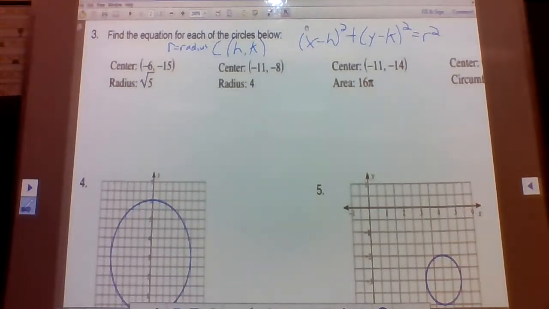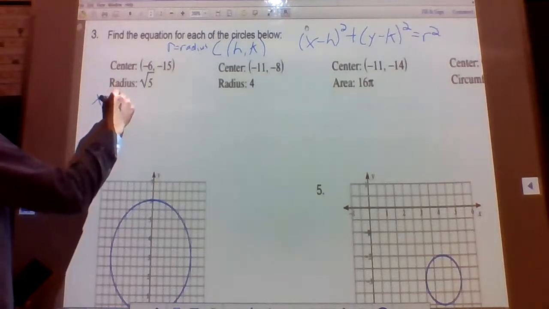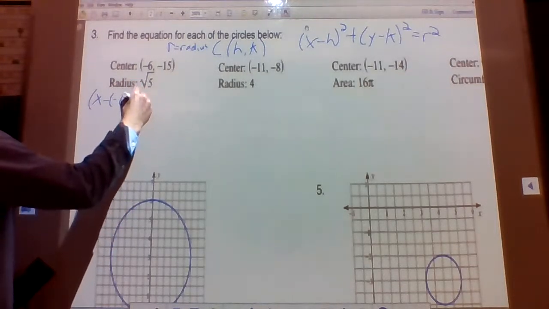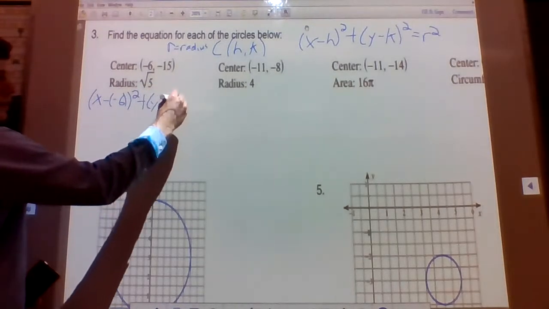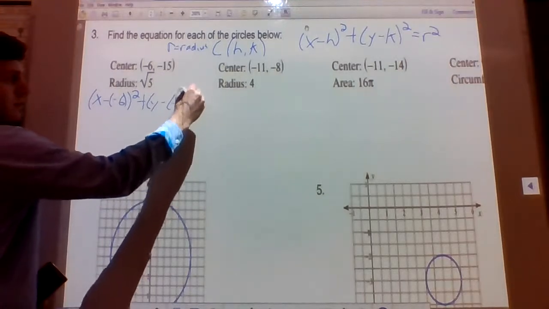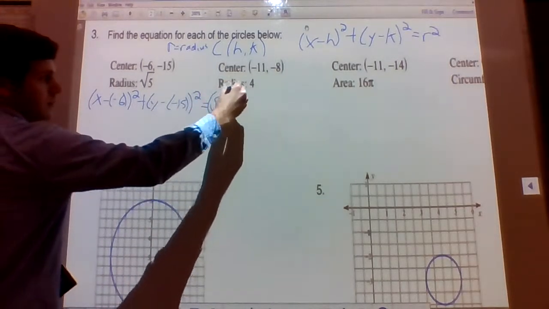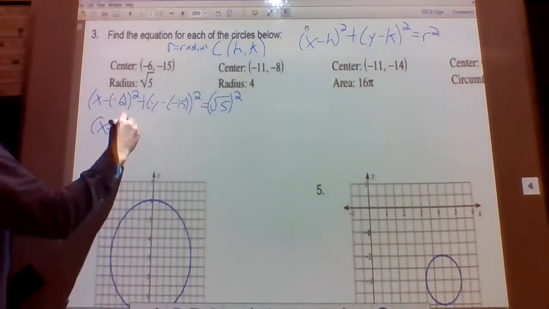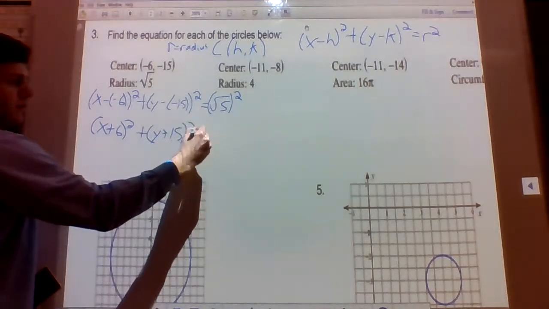So our center is -6, -15. So what we really have here is x minus -6 squared plus y minus negative 15 squared equals r squared. So that's the square root of 5 squared, which is going to give us x plus 6 squared plus y plus 15 squared equals 5 squared.